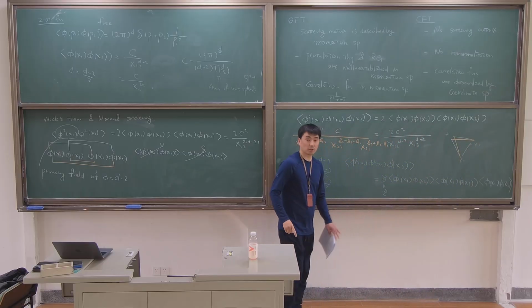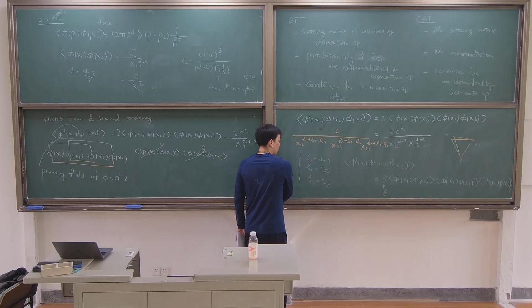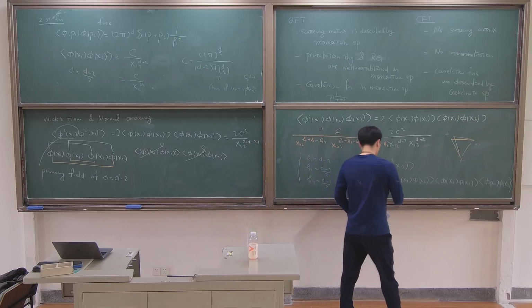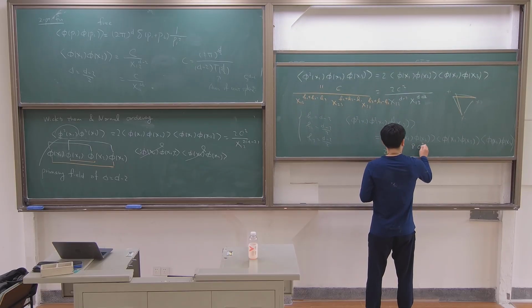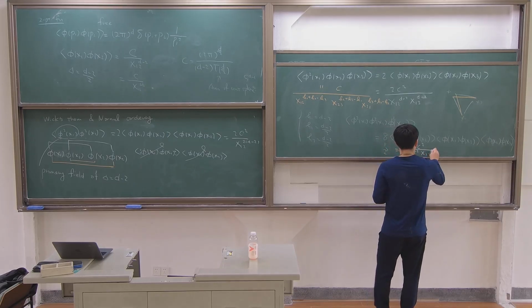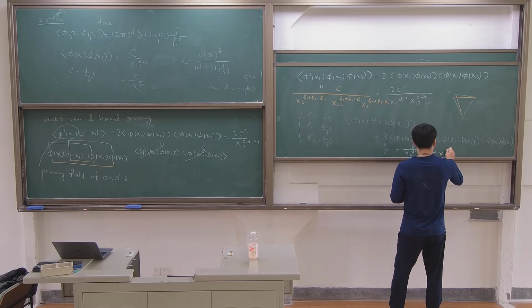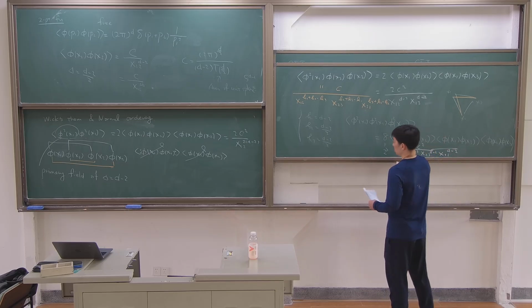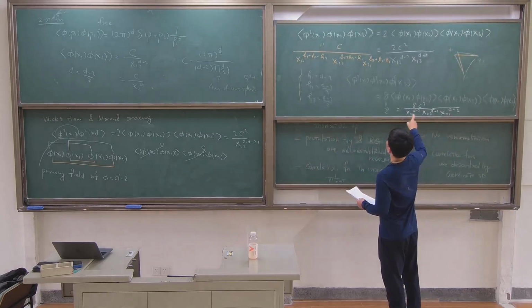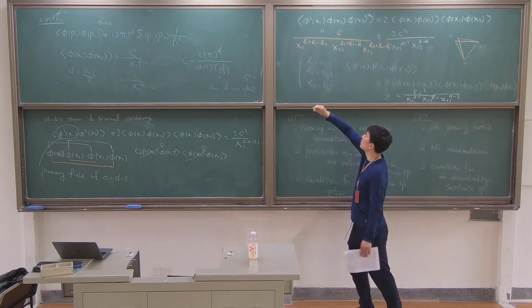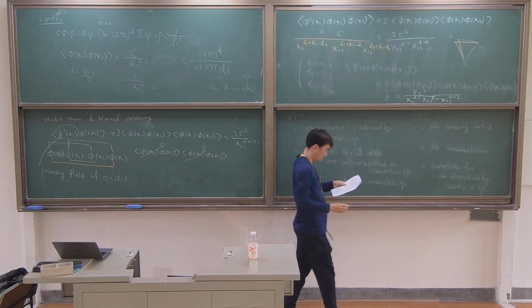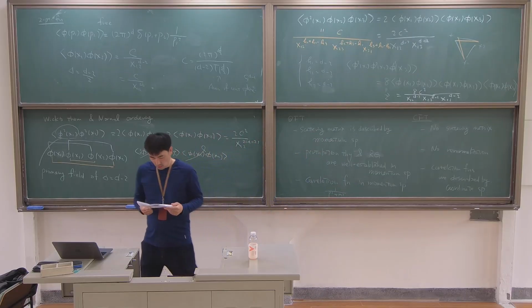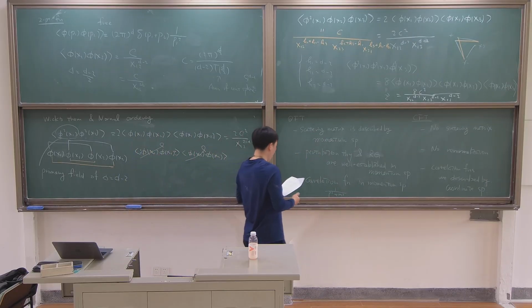That will give you 2 to the cube, 2 cube choices. And this one is equal to this, which is exactly the form of this orange one. So now you need to put everything this way.